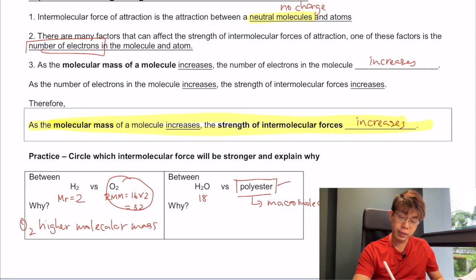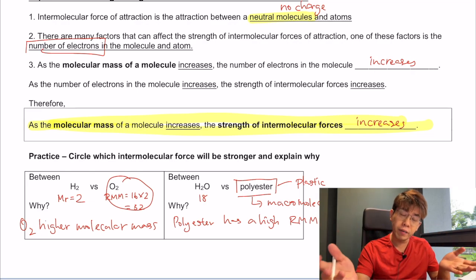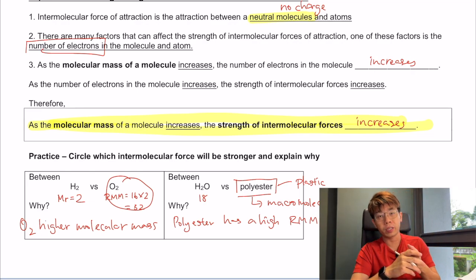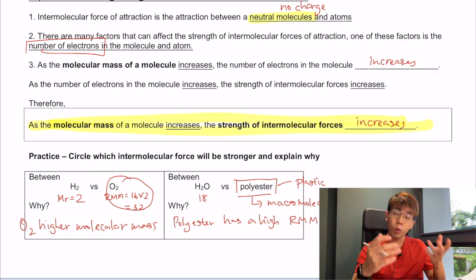And polyester is a type of plastic. Because polyester is a very big molecule, it has a high relative molecular mass. So because it has a very high relative molecular mass, the strength of the intermolecular forces of attraction is very high. So a lot of energy is required to overcome these intermolecular forces.